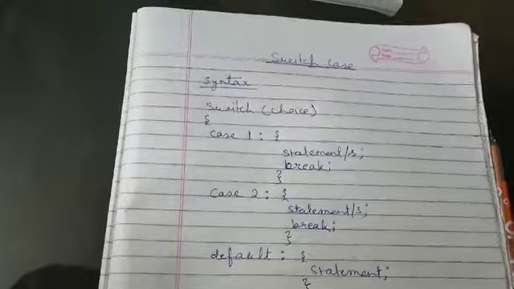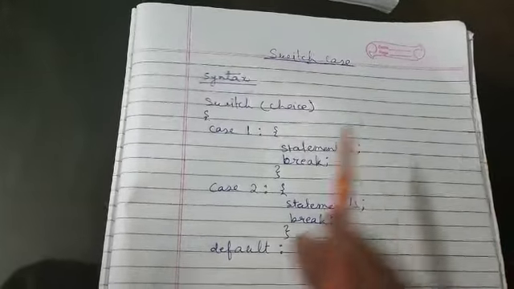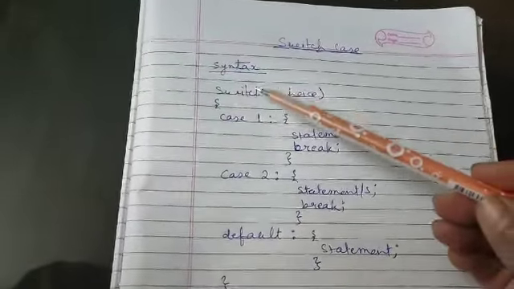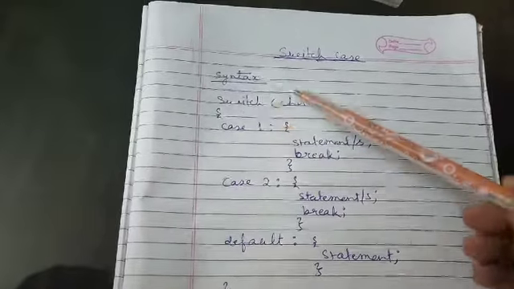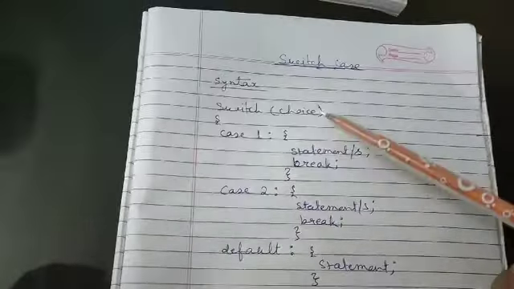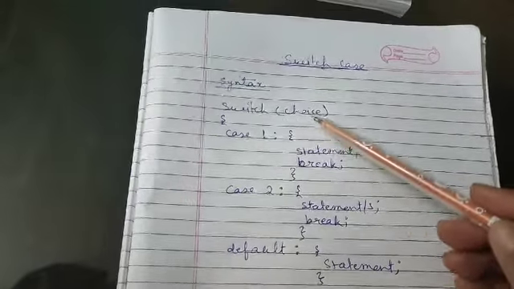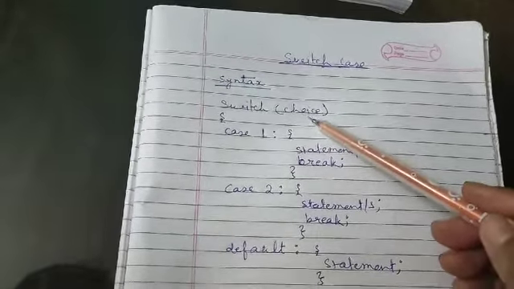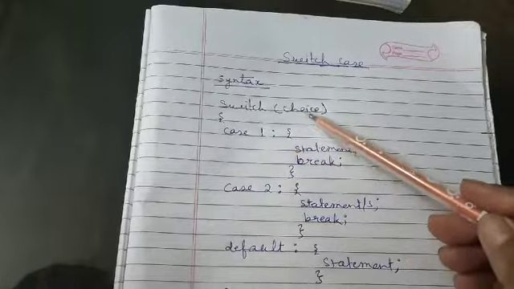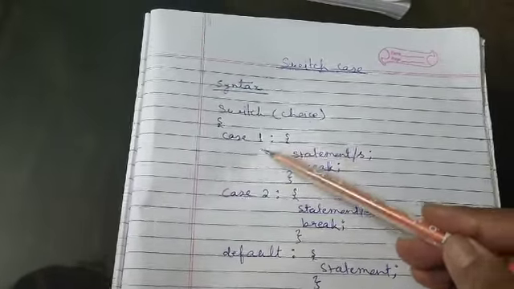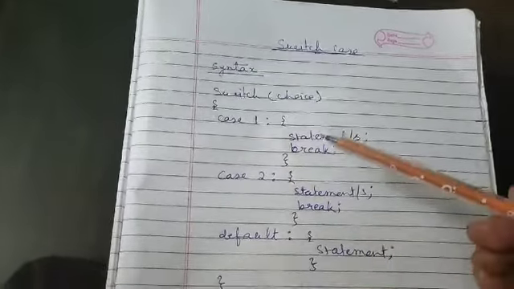So here I have written the syntax of switch case. For example, the syntax: switch, choice. I am going to enter one choice, and that choice variable is of integer type, so we can enter 1 or 2 or maybe some other number.